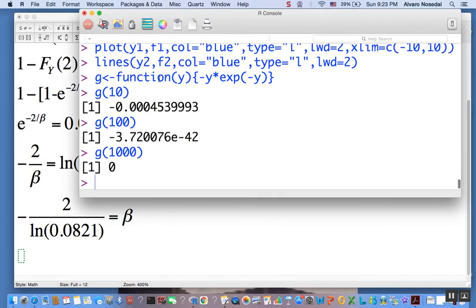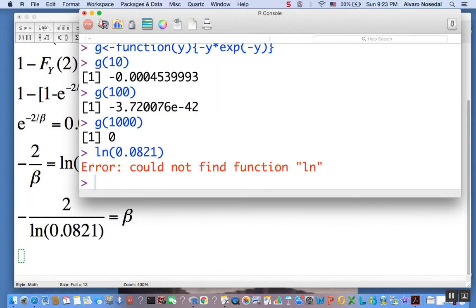Okay, so now we want to find that natural log of 0.0821. Let me use R. So, natural log of 0.0821. Oh, no natural log. Guess what?